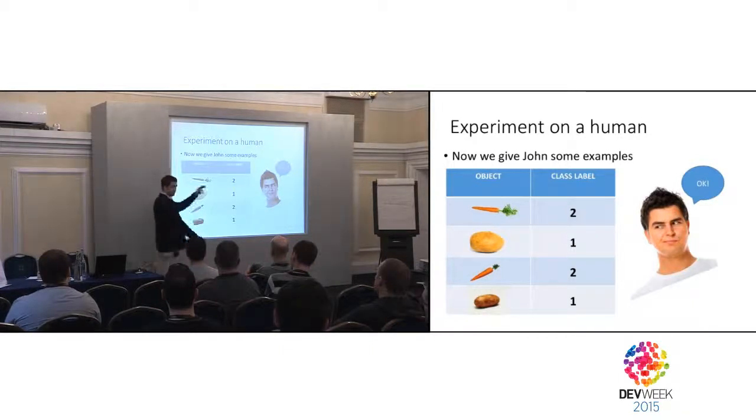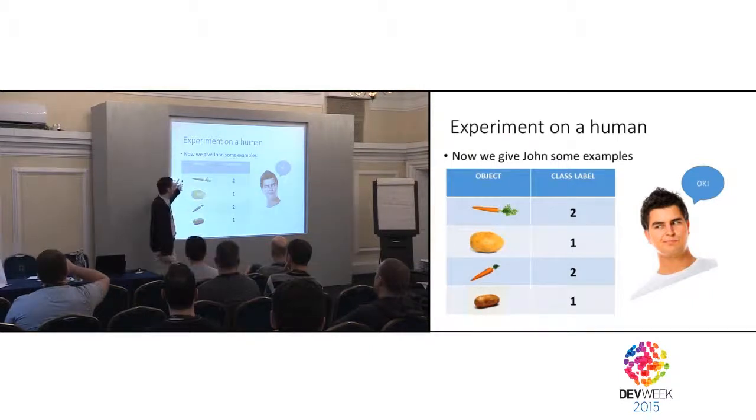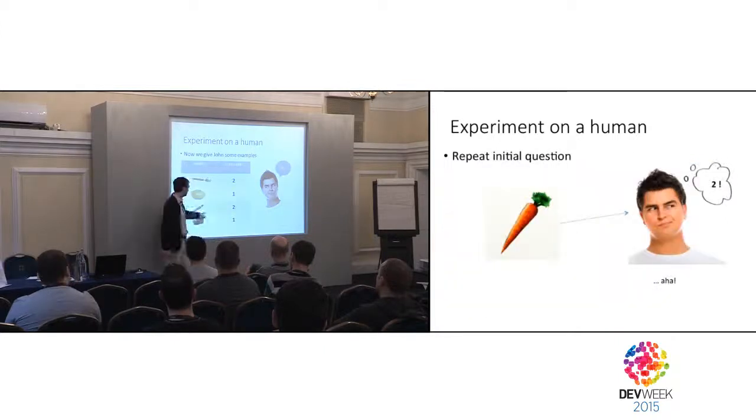Now John is still here, standing. We demonstrate to John class labels and object features. So we tell him, look, the carrot is class 2, potato is 1, this carrot is 2, and potato is 1. We don't even tell the object names.